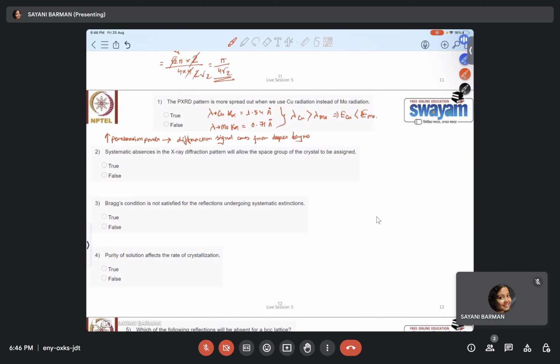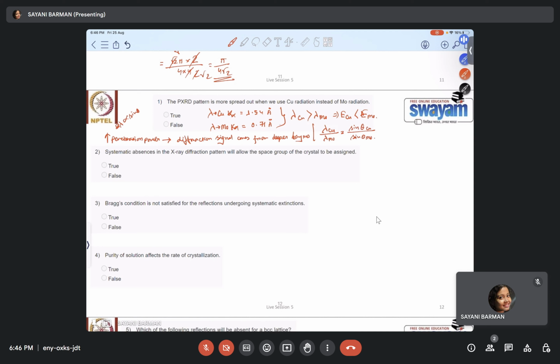So generally, sir has already taught us. Lambda copper K alpha by lambda molybdenum K alpha: from Bragg's law, lambda is proportional to sine theta, so it is sine theta copper by sine theta molybdenum.